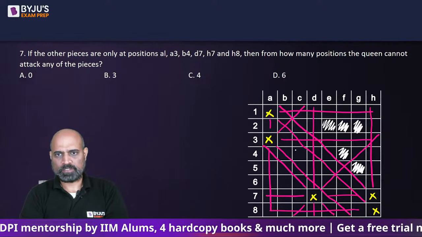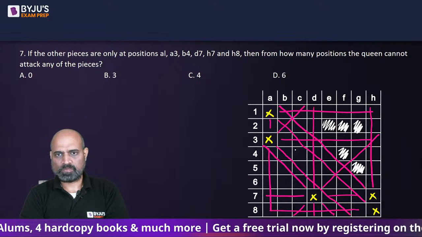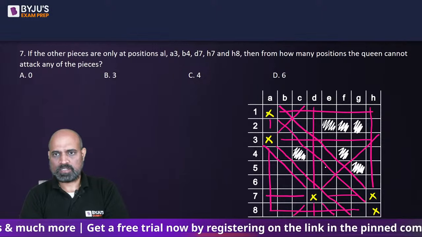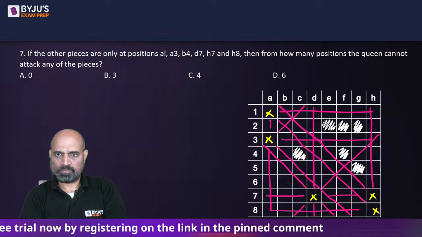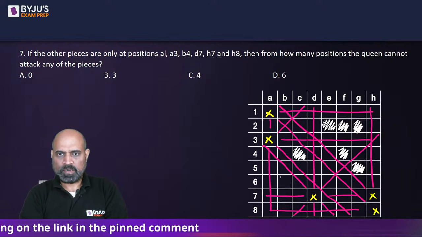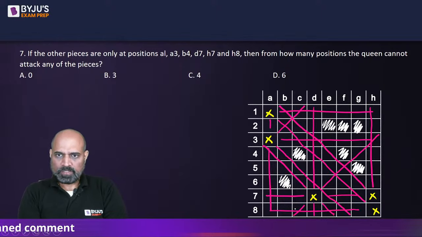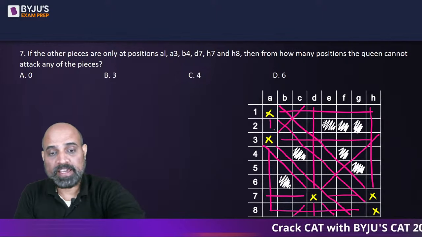Can we place the queen here? Yes. And is it this as well? Let's check once. We have got A1, A3. Okay, B4 is also one.